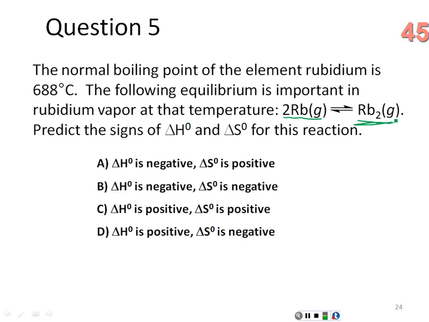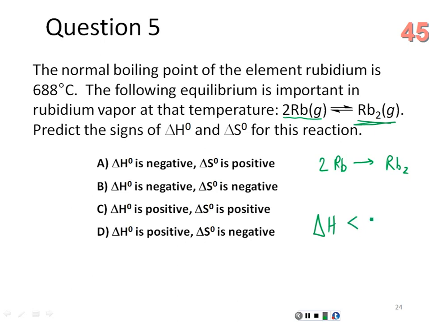So what is this process? What's happening in this equilibrium? We have 2 atoms of rubidium going to a Rb2 molecule. So that's a bond formation. What is the delta H, the change in enthalpy, for a bond formation?